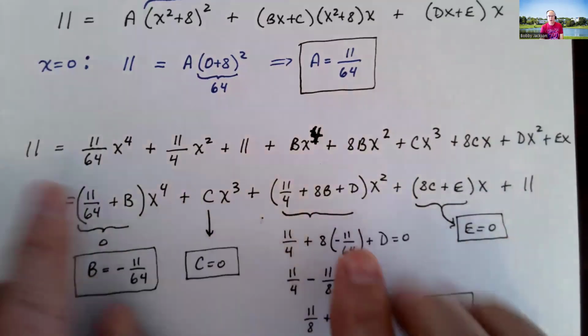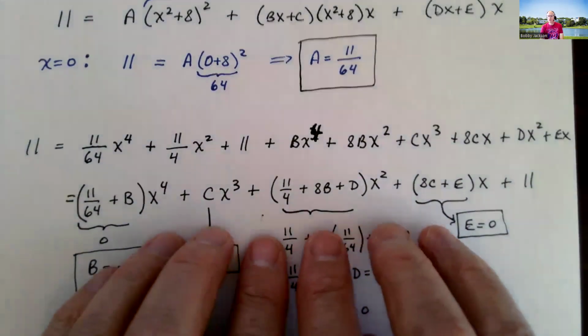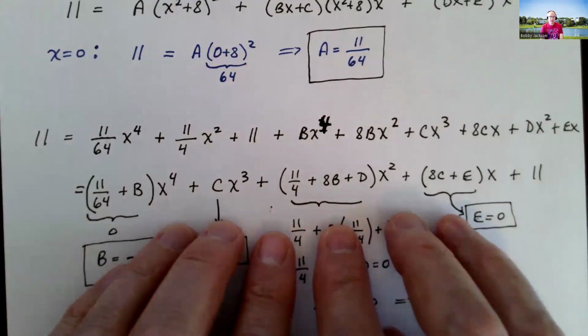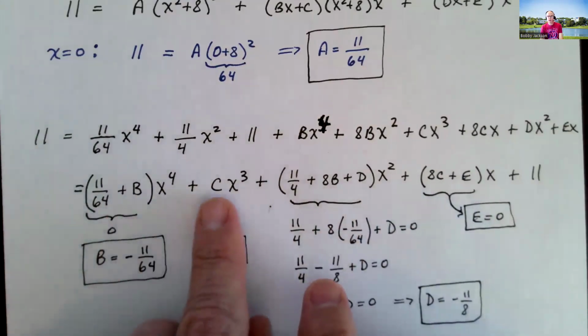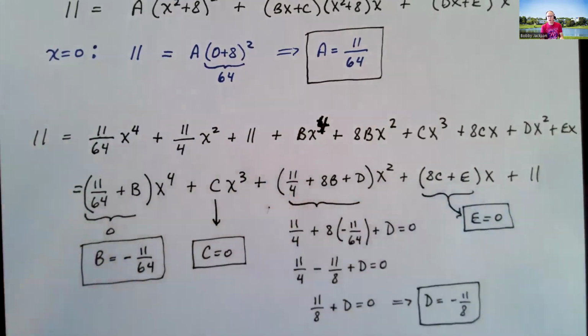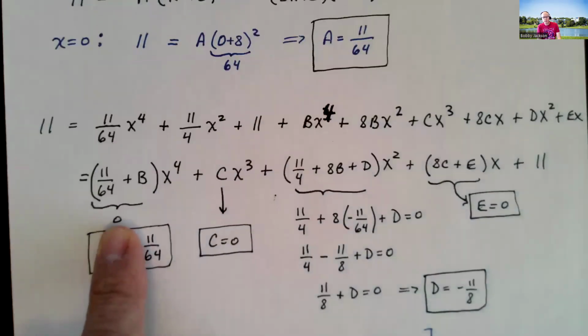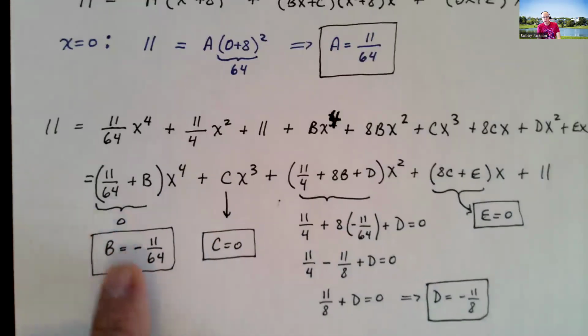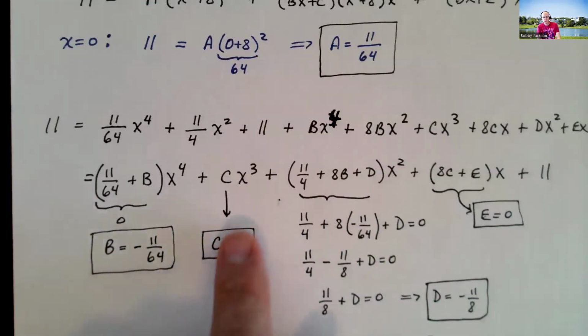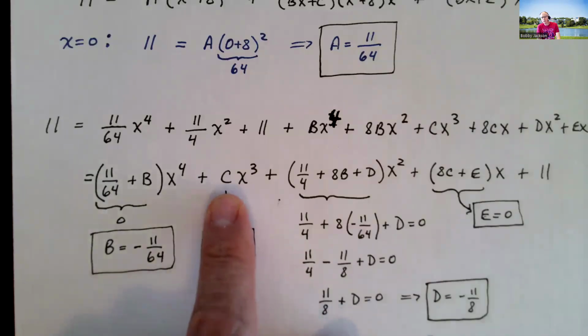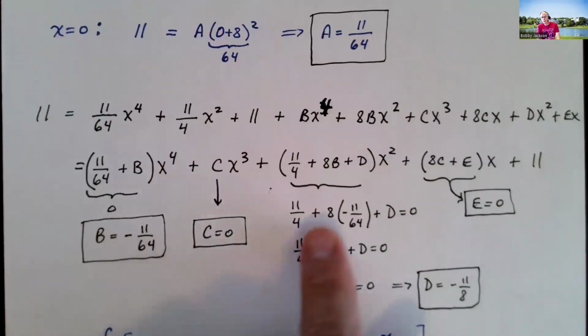So in order for 11 to be equal to this polynomial for all values of x, the coefficients of x to the fourth, x cubed, x squared, and x are all going to have to be 0. And so if that's the case, then b plus 11/64 is 0, meaning b is negative 11/64. And if the coefficient of x cubed is 0, then c is 0.